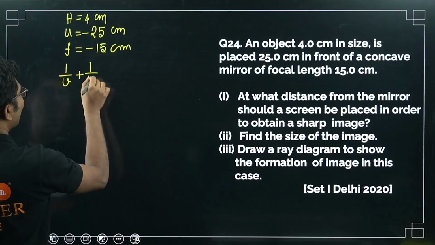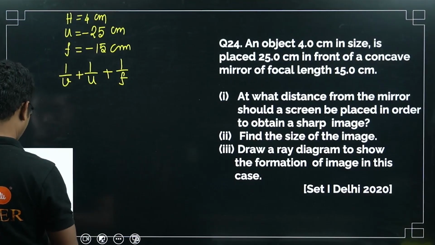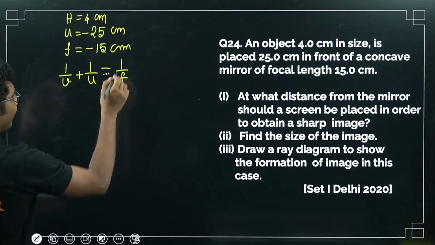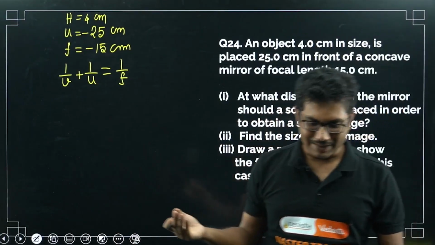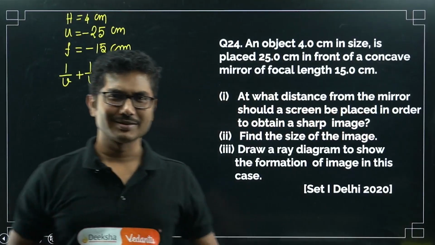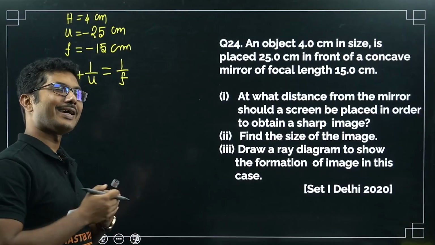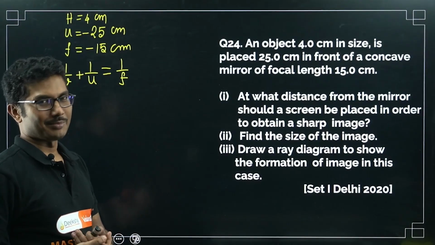Instead of asking it directly, they have asked you indirectly where you should place a screen to find the sharp image. Ask simple questions. You guys are not stupid, right? They could have simply asked to find the image distance, but instead they have said where you should place a screen to find a sharp image.